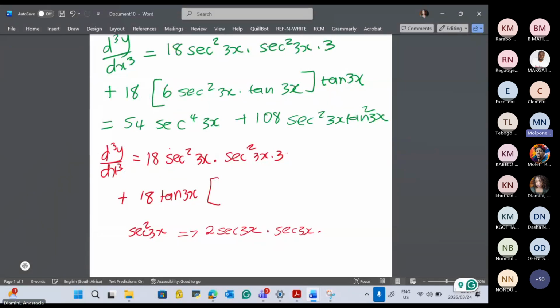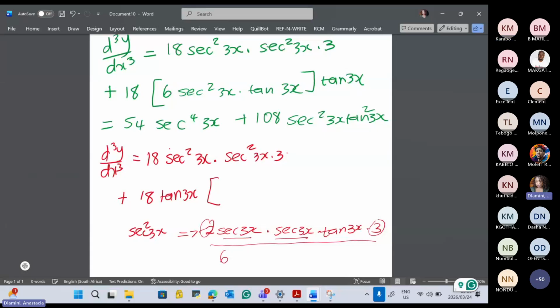Times tan 3x times 3 times 3. Do you notice that if you don't change it to an identity, you end up having something long, which at some point confuses you? So now this 3 times this 2 gives us 6.